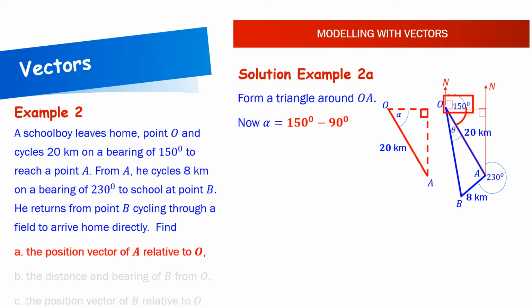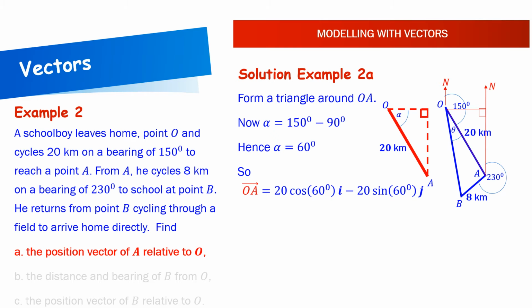Now the angle alpha is 150 degrees minus 90 degrees, because we're taking away that highlighted angle at the top, which is 90 degrees. Therefore, alpha is equal to 60 degrees.